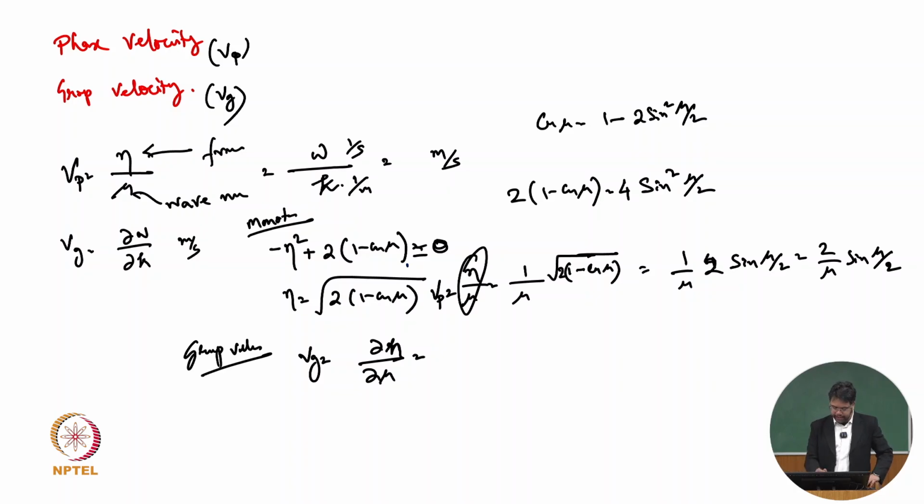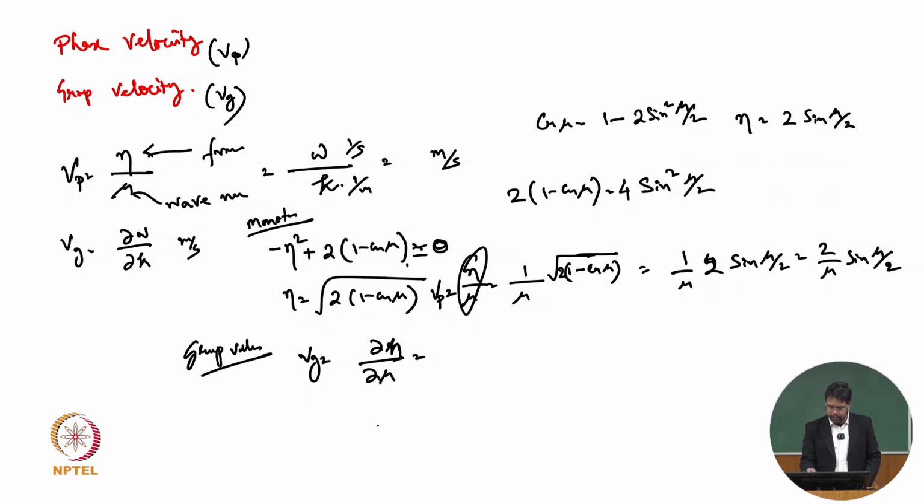We can write eta as the root of 2 into 1 minus cos mu, which is 2 into sin mu by 2.